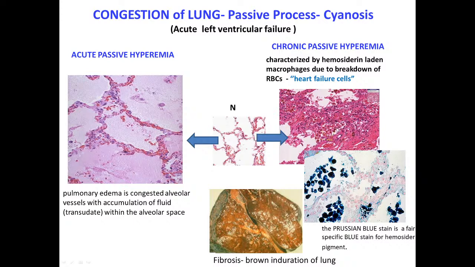In the alveolar macrophages, Prussian blue staining is a specific blue stain for hemosiderin. The iron released in the form of hemosiderin remains in the macrophages, which are called heart failure cells.